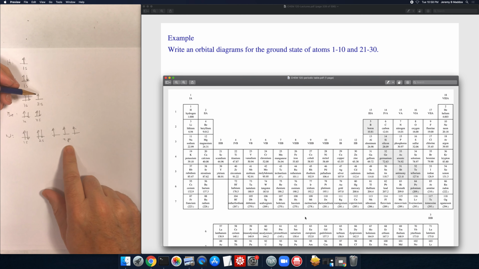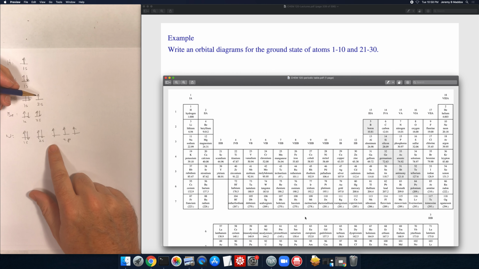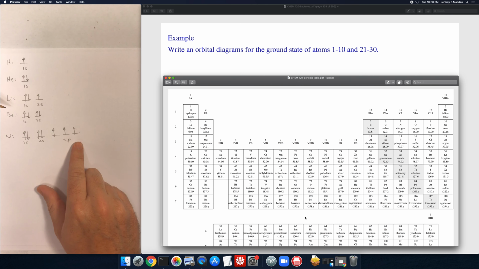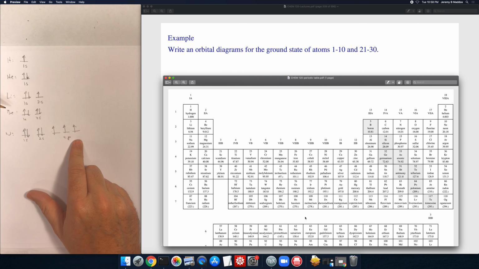Notice how I kept the spins unpaired. That's what Hund's rule tells you to do. So you keep the spins maximally unpaired for as long as you can, and that's the proper way to fill in the ground state orbital diagram. So you have unpaired electrons here. So nitrogen is a paramagnetic species.